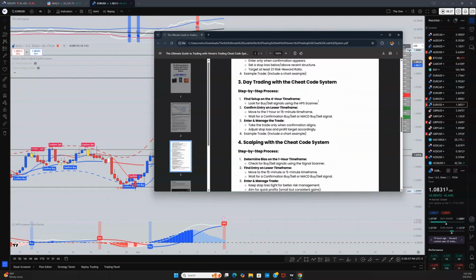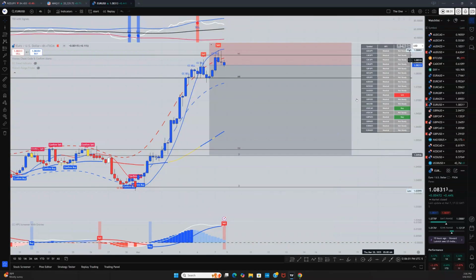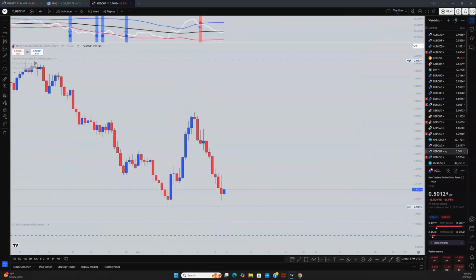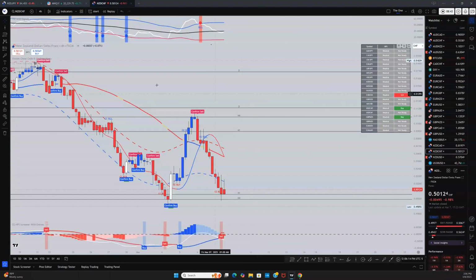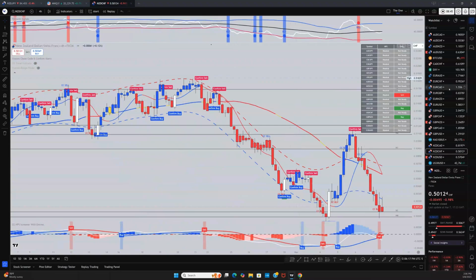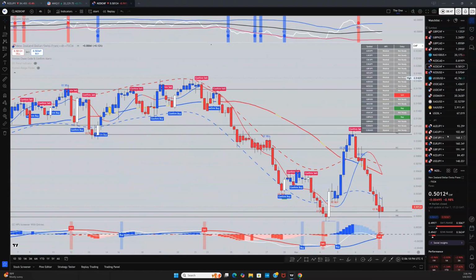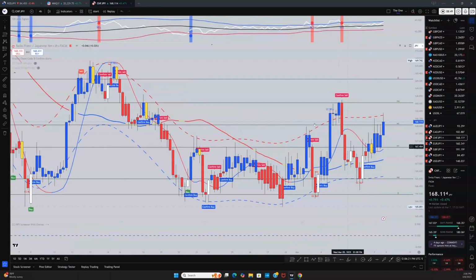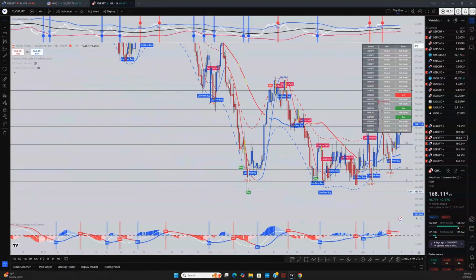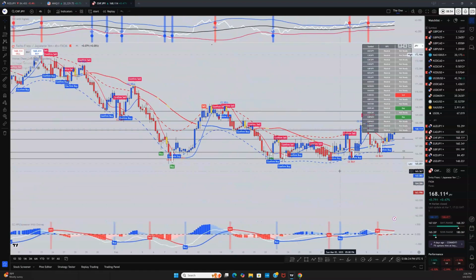Let's do an example of the 4-hour time frame day trade. Okay, let's go to a different period. So right now we're on a 4-hour time frame. There are no signals on the HPS scanner on the 4-hour time frame, so we're going to pretend. We're going to find something we can trade real quick.